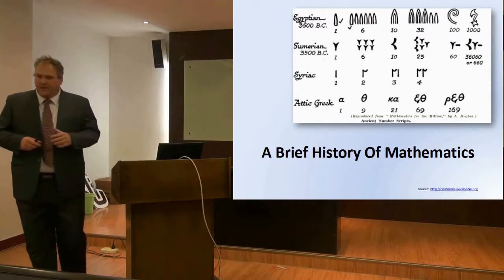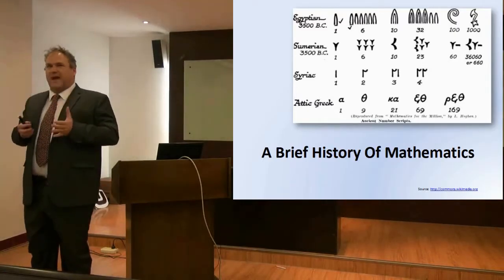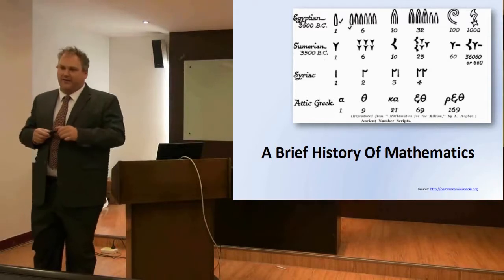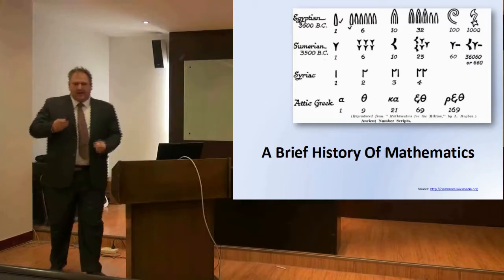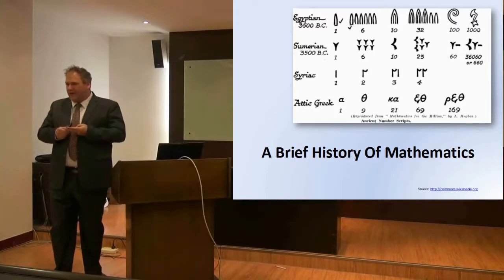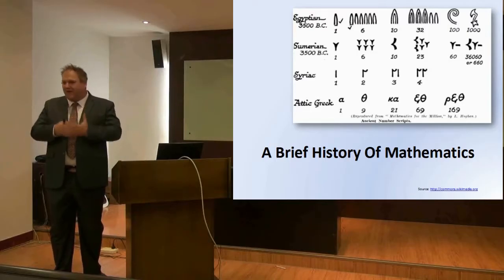What we're going to start off with is the birth of mathematics, and really it's not just mathematics, it's actually mathematics and science. Because it turns out that it's math and science together that are basically fundamental to what we are as human beings.